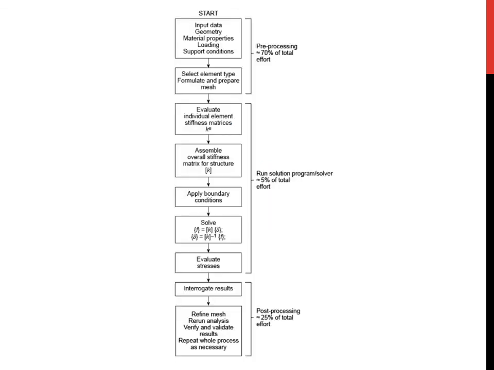So this is the whole set of steps of the simulation. From the start, the pre-processing will take around 70% of your time and effort, where we need to define all the parameters, the geometries, the materials, boundary conditions, loading, etc., and also the meshing.